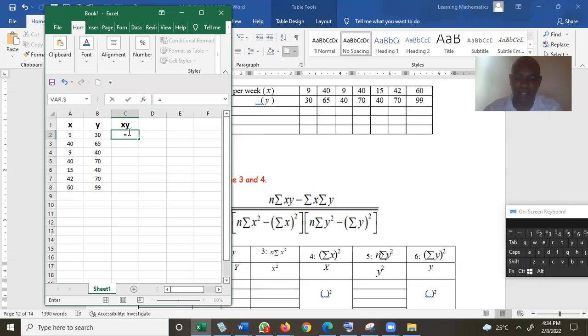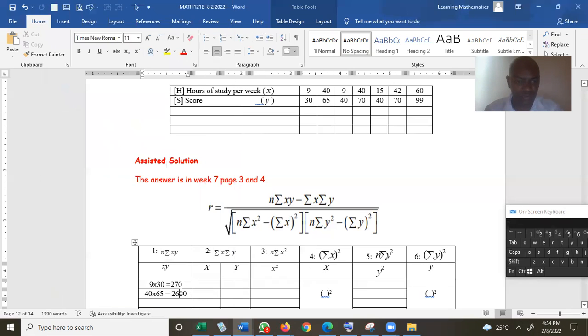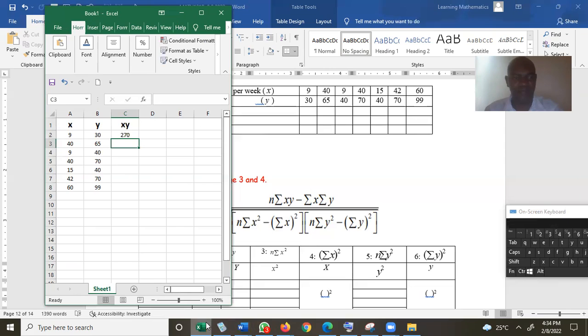Equal A2, okay, times B2, X times Y, enter, 270, just like how we got 270 there. Once you do one, just go to the little green square in the lower right corner, double click, bam. Here are our XYs.